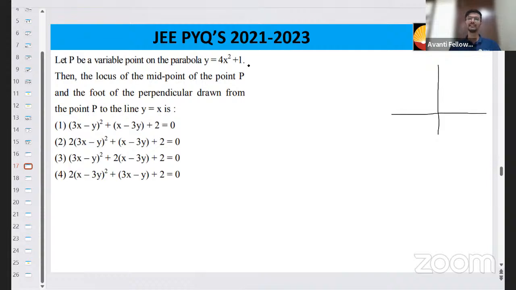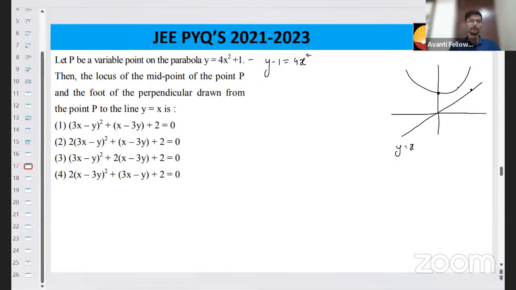As you can see, this parabola is basically y minus 1 equals 4x square. That means its vertex is at (0, 1) and it's the shape of a U. So P is any point on the parabola. Let's say this is the line y equals x.